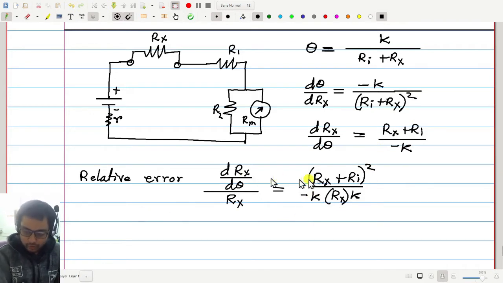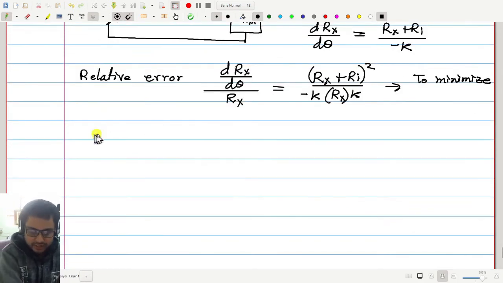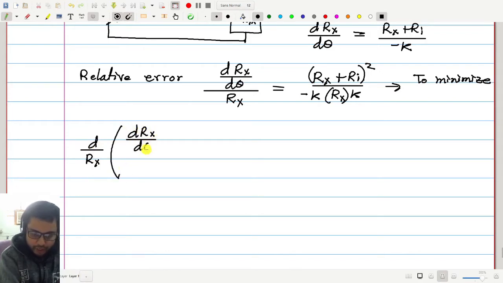Now we would like this to be the minimum. So to minimize this quantity, let us differentiate it with respect to Rx and equate it to 0. So we are finding for what value of Rx we get minimum relative error.